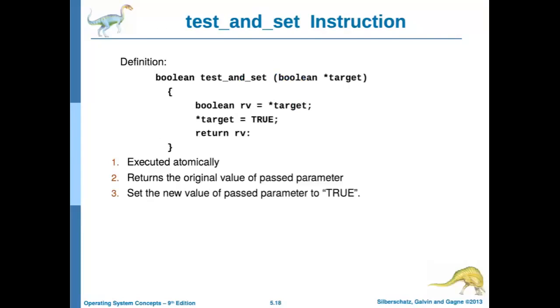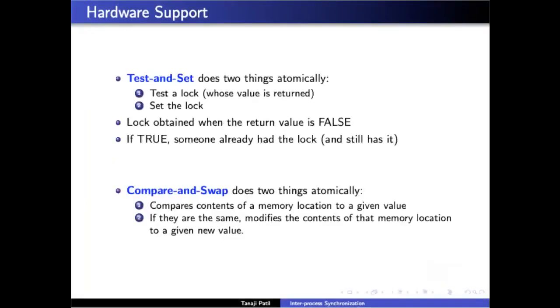Now let me move to test and set. What this instruction does is test a lock. Testing a lock means checking its value. The value of that lock variable will be returned, and if that value is false, that means nobody is using it, then we set its value to true.